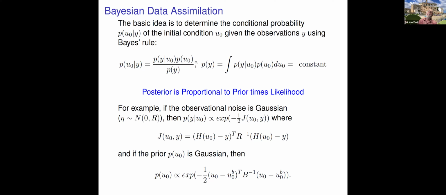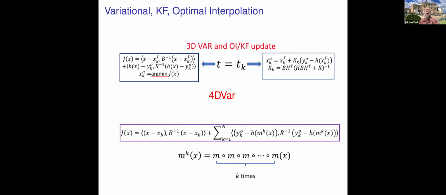In the case where the observation operator is linear and the observational noise is Gaussian, we can write down this likelihood as J of u_0, y. And if the prior is Gaussian, like on the previous slide, we can also write down the prior in this way. What that leads to, in the case where H is linear, is trying to solve this optimization problem. This prior times the likelihood is the posterior.